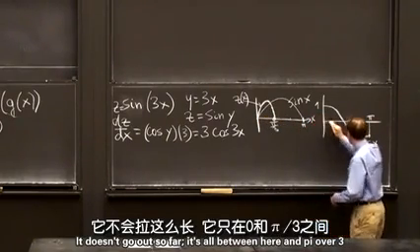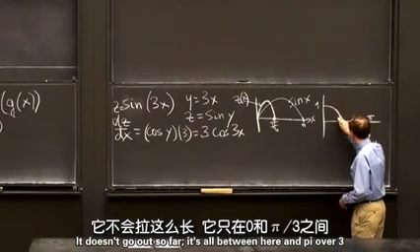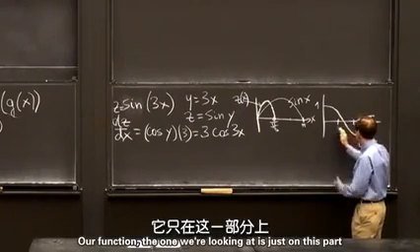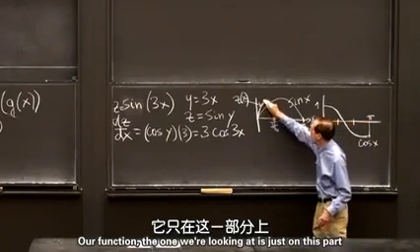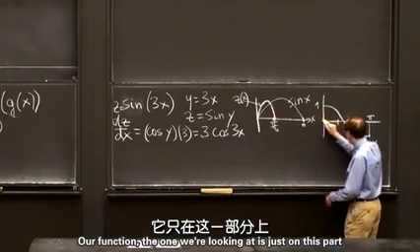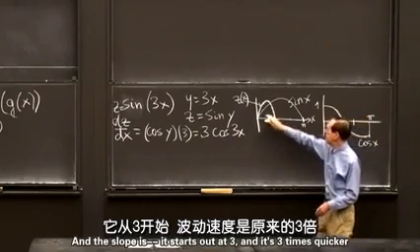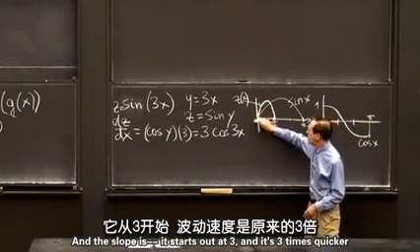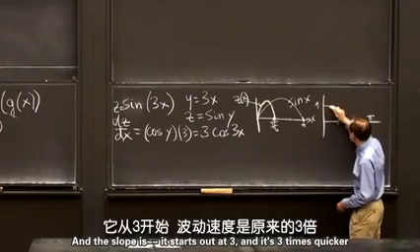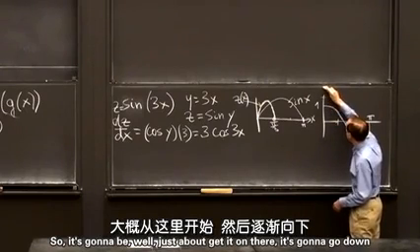It's all between here and pi over 3. Our function, the one we're looking at, is just on this part. And the slope starts out at 3, and it's 3 times bigger. So I'll just about get it on there. It's going to go down.